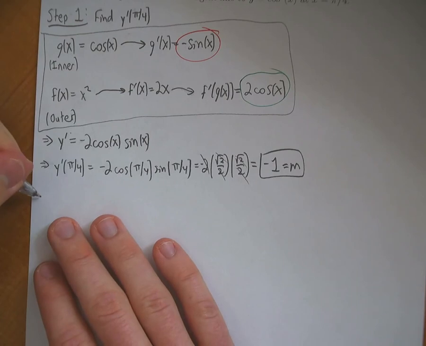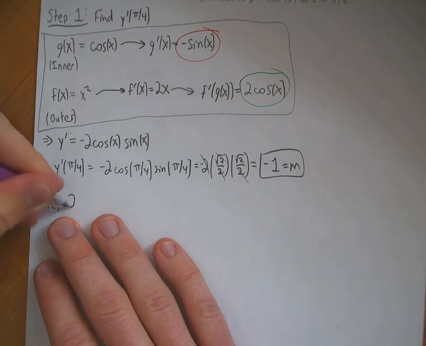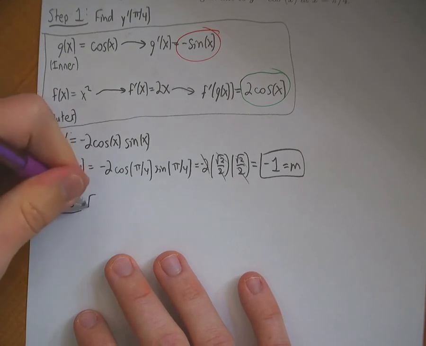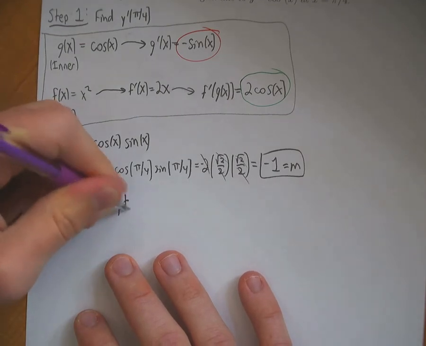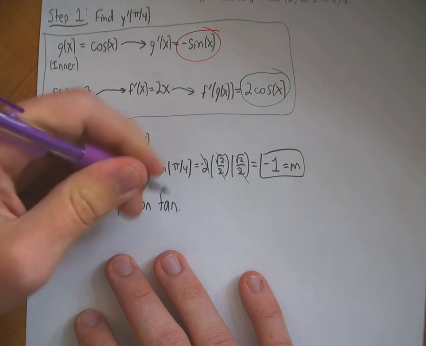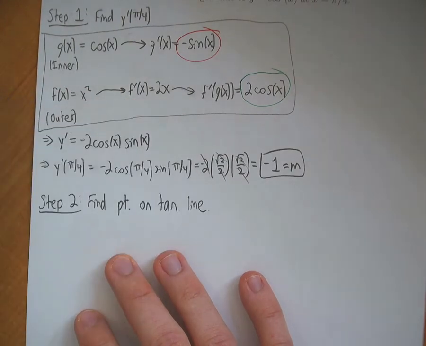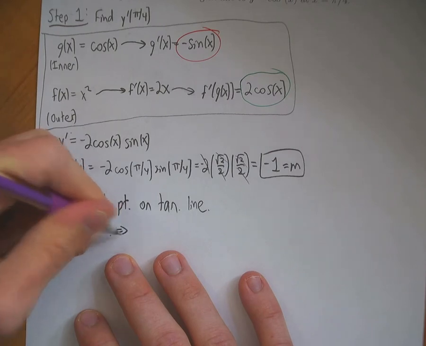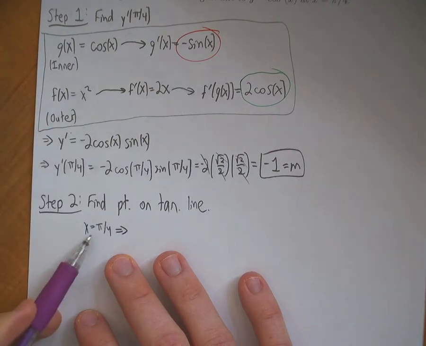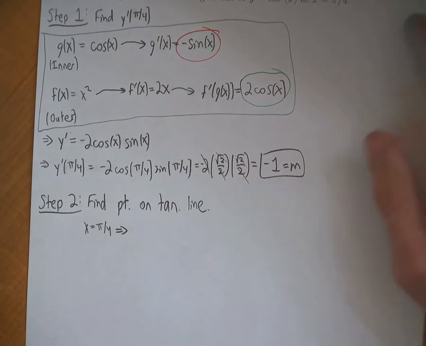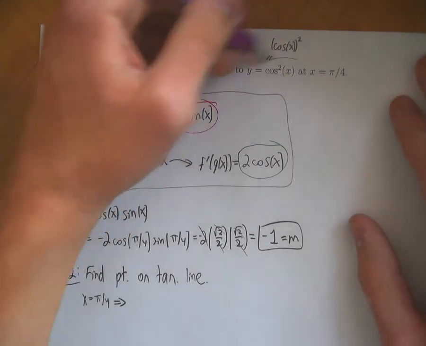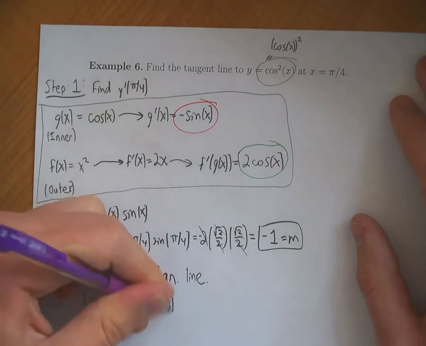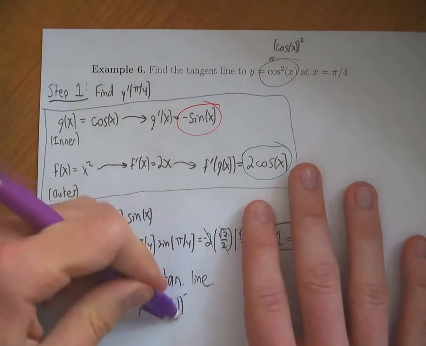So then step 2 is to find a point on the tangent line. If x equals pi over 4, just plug it into the original function. So y equals cosine squared of pi over 4.